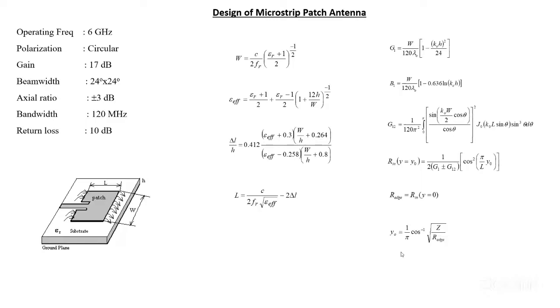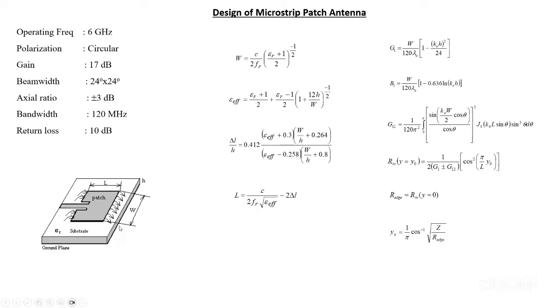So this patch has width W. For every parameter, there is an equation for width. It uses C, the speed of light, divided by 2 times the frequency, and epsilon r is the dielectric constant of the substrate we are using. There is also epsilon r effective, the effective dielectric constant, which also has an equation.